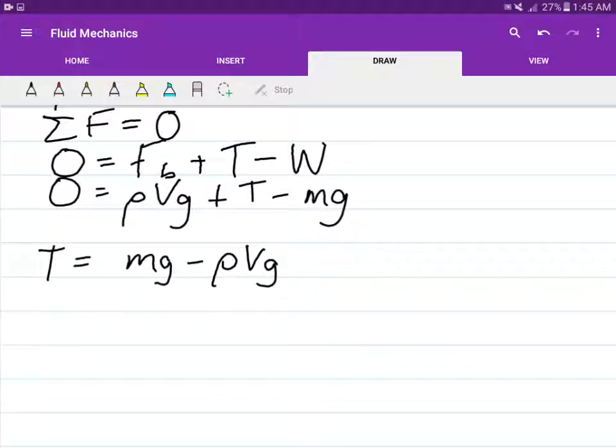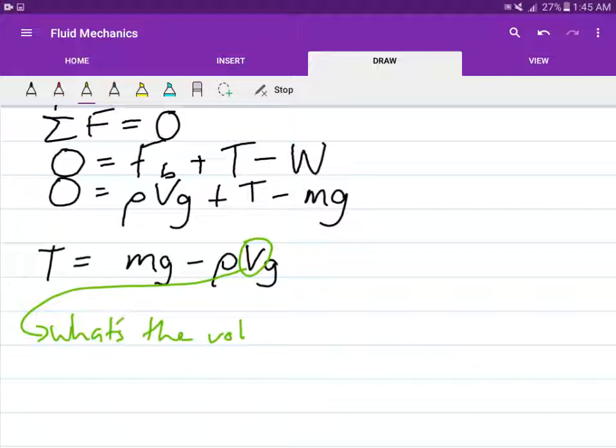Now, the question is, what is the volume displaced by the statue?